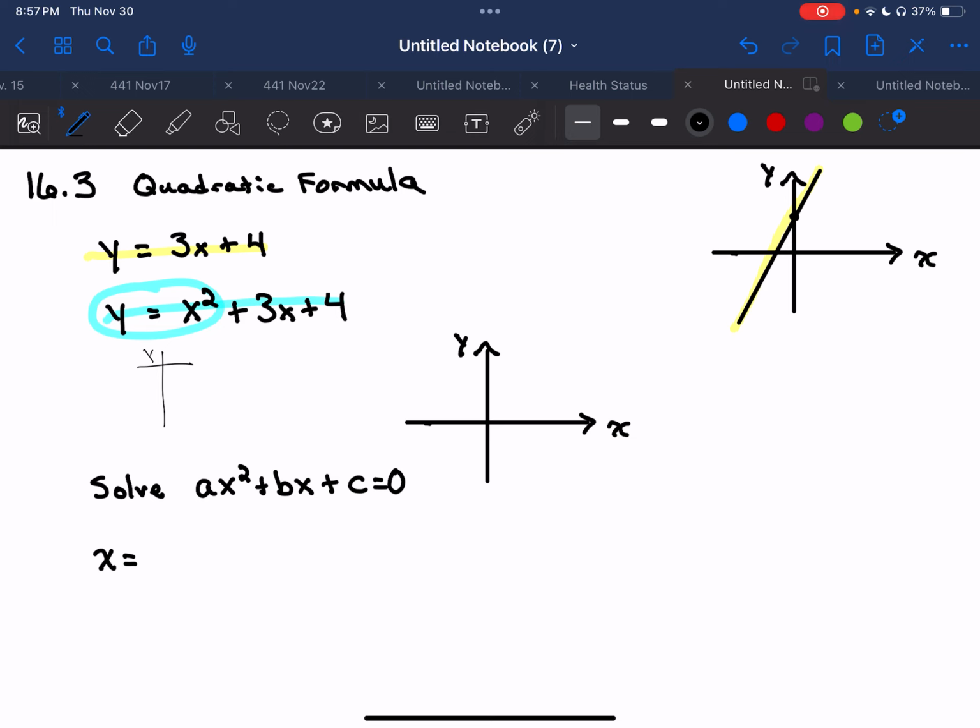So if x is 0, then y would be 0, 0 squared. 1 squared is 1, 2 squared is 4, 3 squared is 9. And if I had negatives, I would have the same thing. So what is that looking like? 0, 0, 1, 1, 2, 4, 3, 9. I start going up a lot faster than I'm going over.